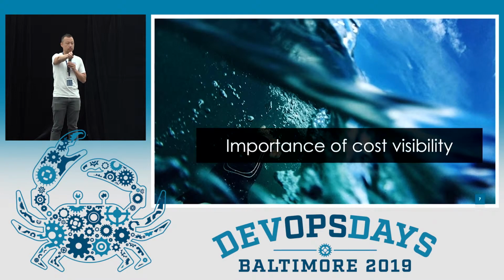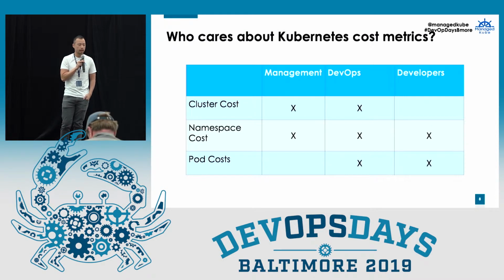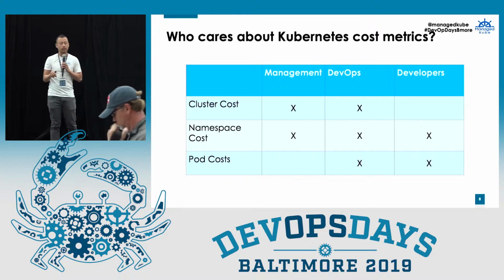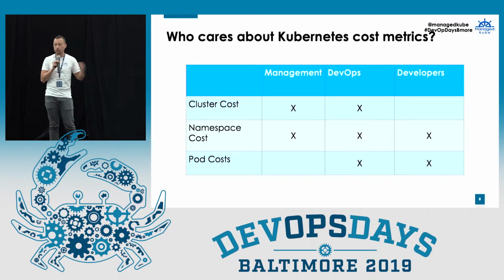So the importance of cost visibility. What does cost visibility get you? And who cares about these metrics? The first thing you want to know is who's going to consume these metrics. There are a few consumers that I've found working with these companies: the management types, DevOps types, and then the developer types. The management types usually care about the entire cluster costs, and then the cost of a namespace.